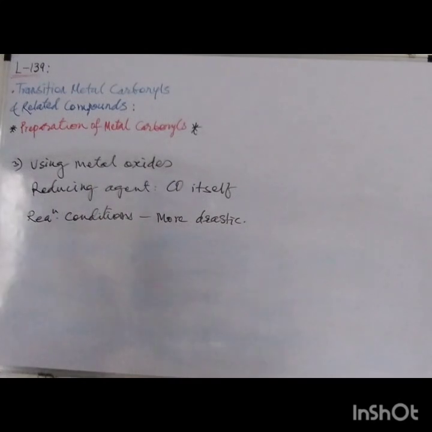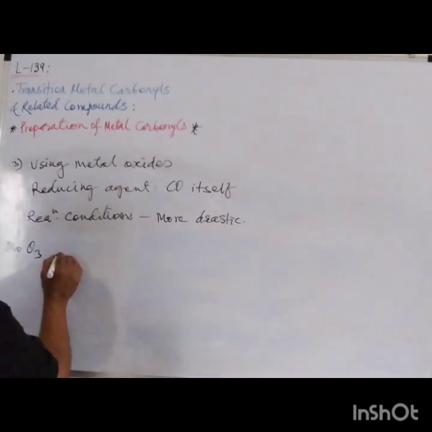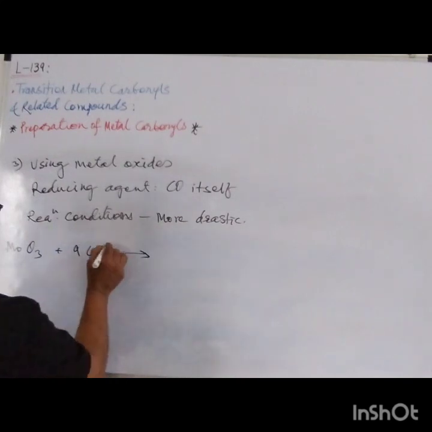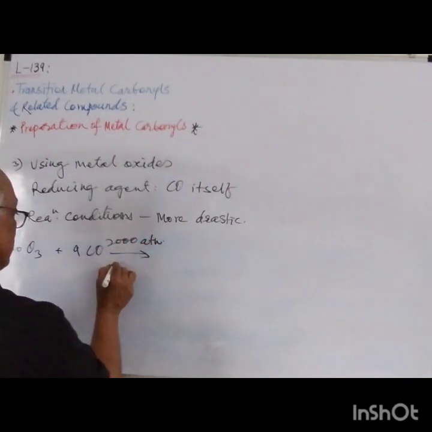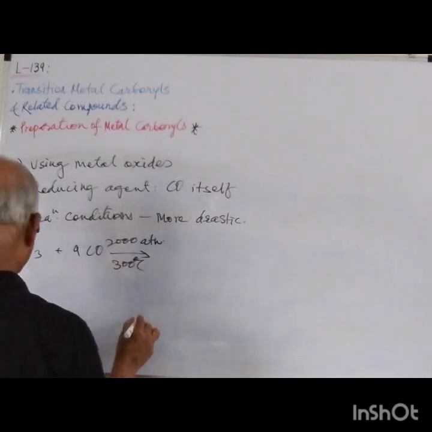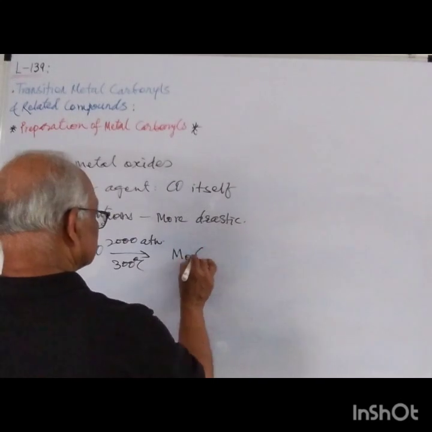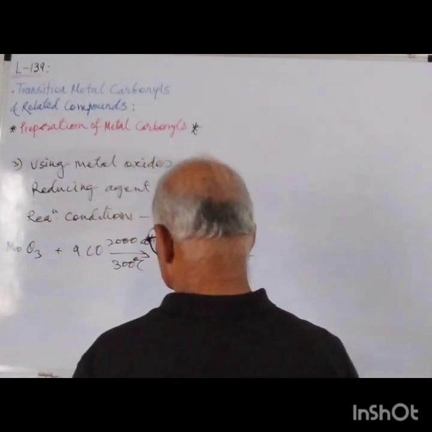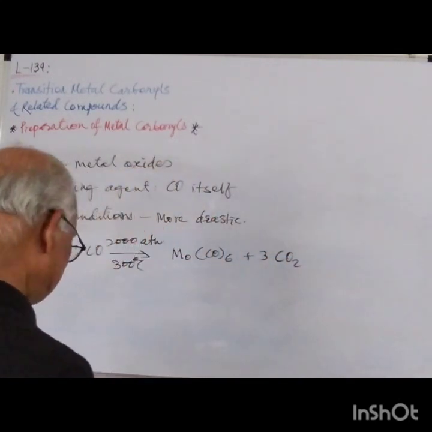Then another reaction is molybdenum: MoO3 plus 9 carbon monoxide at 2000 atmosphere pressure and 380 degrees centigrade temperature gives Mo(CO)6 plus thrice CO2.